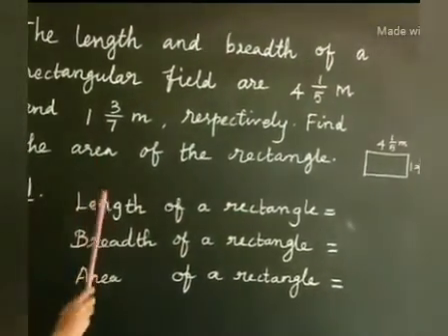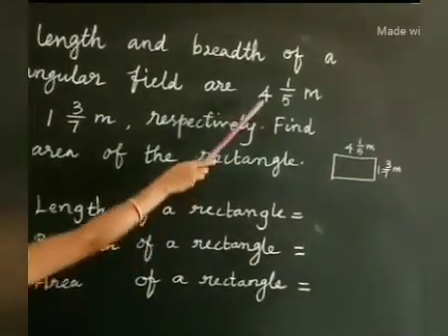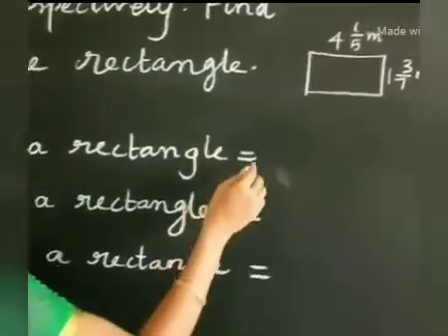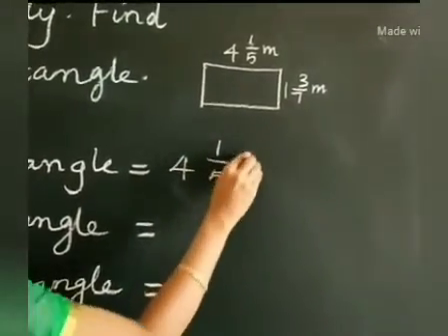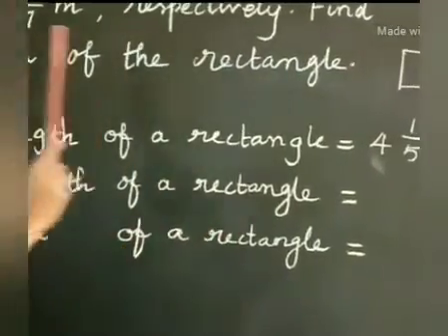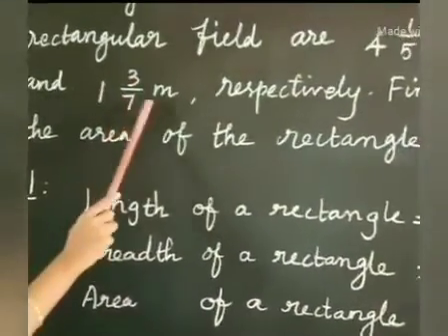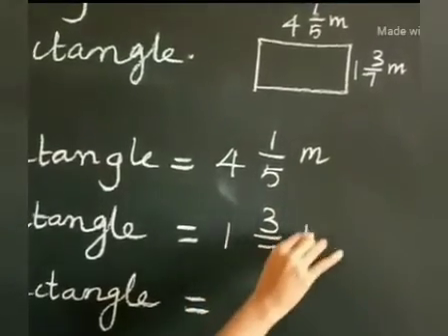Solution. So what is given? The length of the rectangle is 4 1/5 meter. The breadth of the rectangle is 1 3/7 meter.